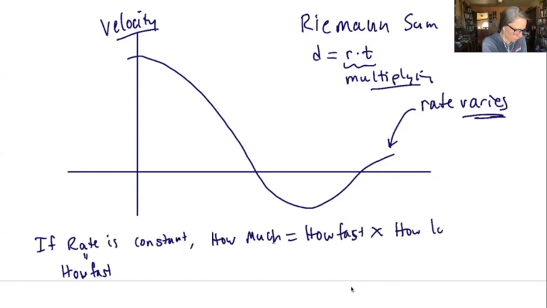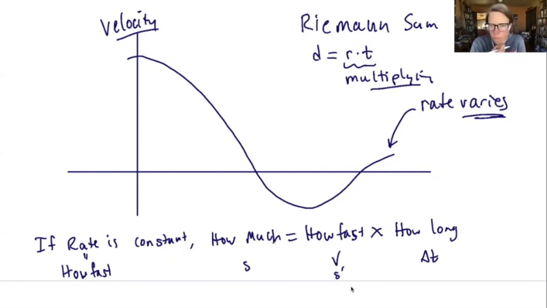So I might call this the how long. So you could think about that as like a delta t, and the how fast would be like a velocity or a derivative type of idea. And then how much would be like the original position. So if the rate is constant, how far you travel is simply the speed times how long you drove that speed, or the velocity times how long you maintained that velocity.